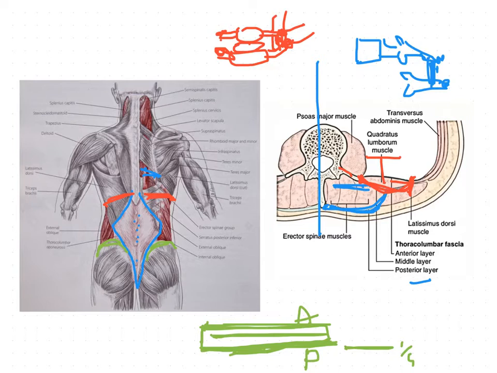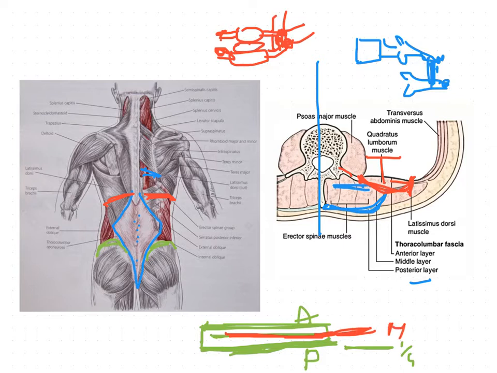And if you see the inferior attachment, inferiorly it is attached to the posterior part of the intermediate area of the iliac crest. So this is the intermediate area. This is the attachment of the middle layer.